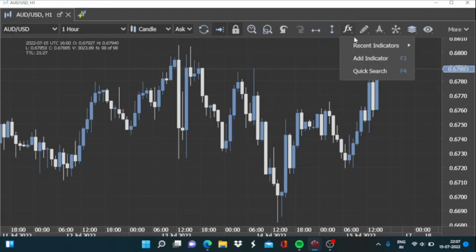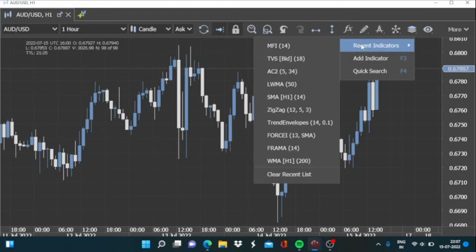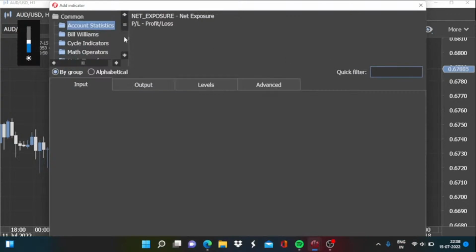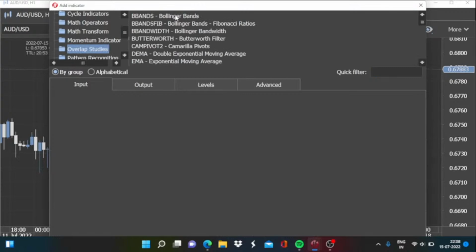So today it's the turn of moving average with variable period, which can be shortened as MAVP. So if you have recently used this indicator, it will appear in this list. If not, then you can have these two options of going through F3 add indicator or quick search F4. So I will now press F3 and we get to these overlap studies amongst which this indicator is included.